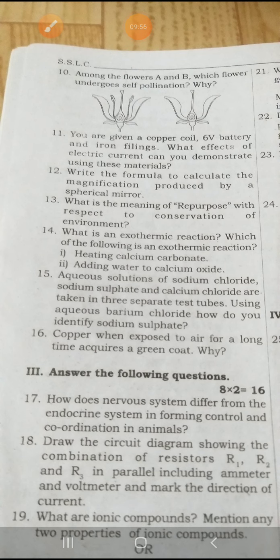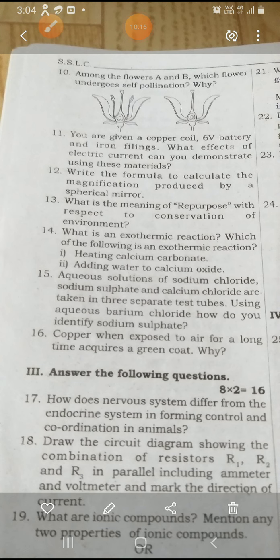So next, children, 15th question. Aqueous solutions of sodium chloride, sodium sulfate and calcium chloride are taken in three separate test tubes.